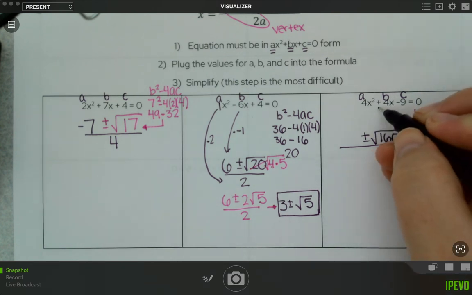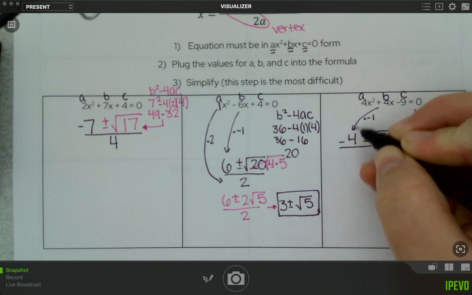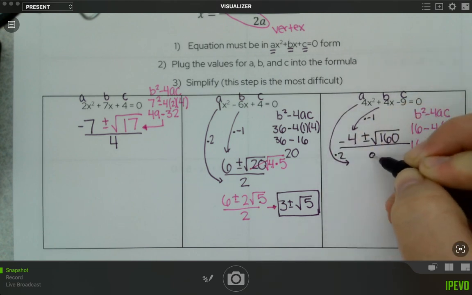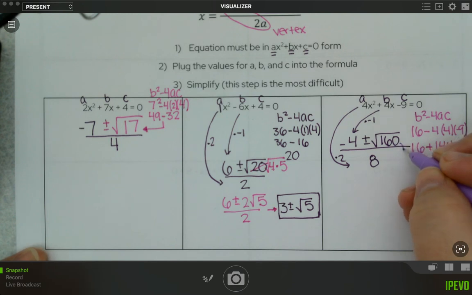And then negative b goes out front, 2a goes on the bottom, and you have to simplify from here. To simplify, we need two numbers that multiply to 160. I know that seems like a big number, and some of us freak out because it's over 100, but it's 16 times 10.